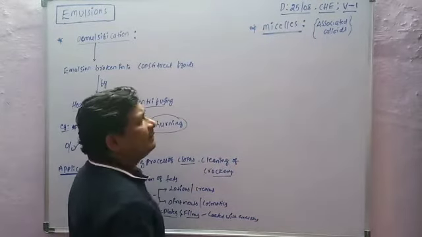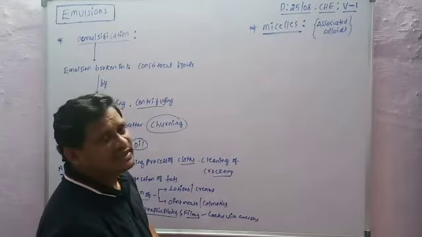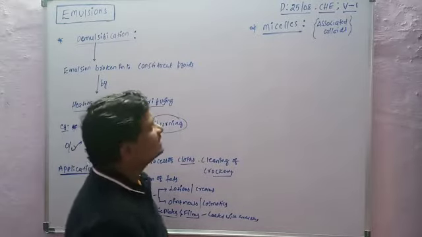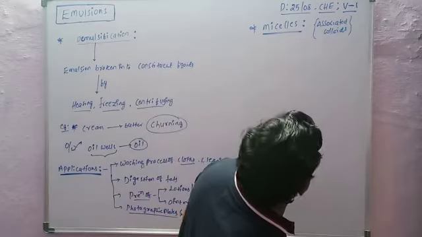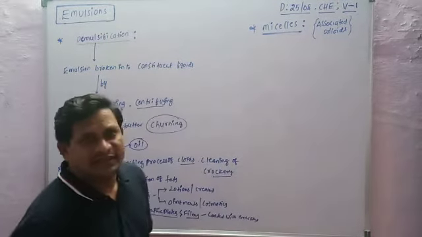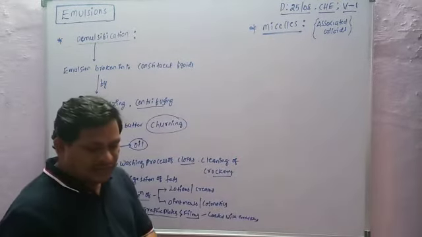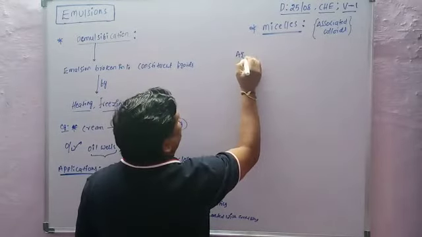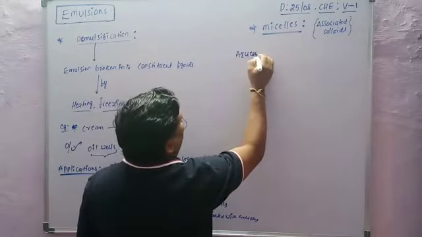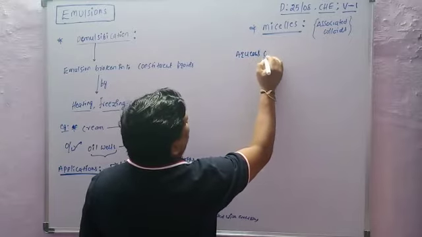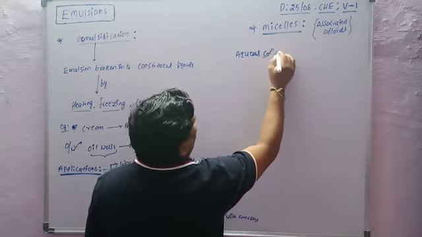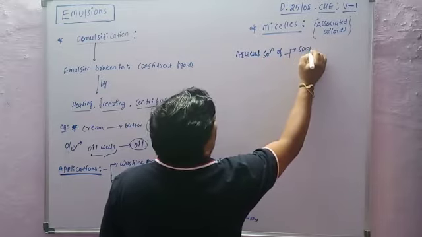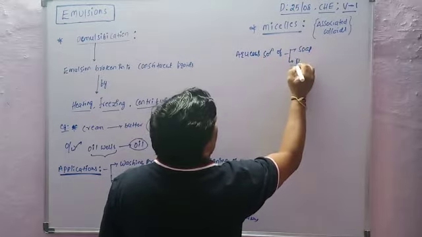Now the last topic in surface chemistry is micelles. What are micelles? Micelles are also known as associated colloids. Actually, they are aqueous solutions of soap and detergent.